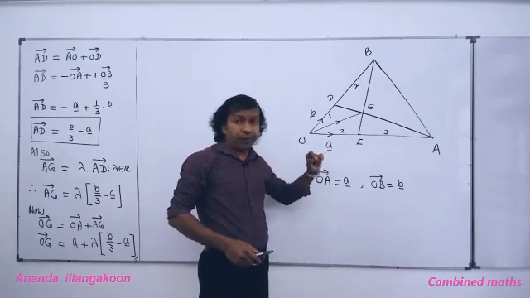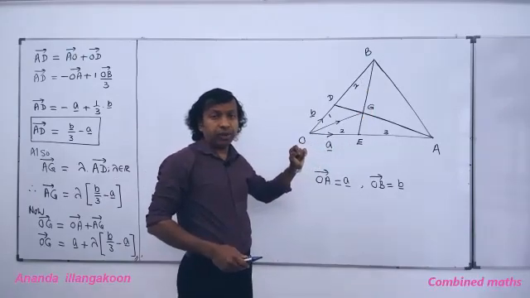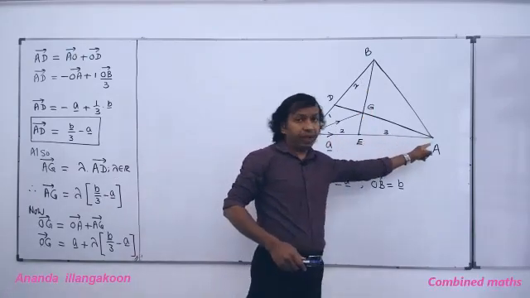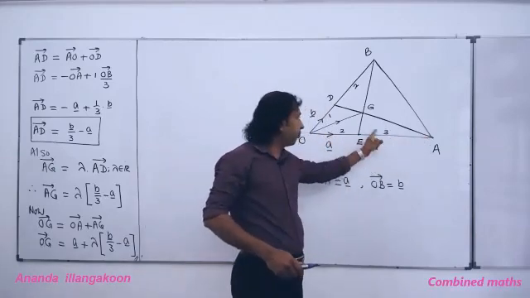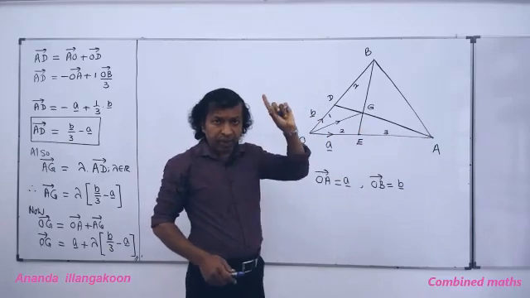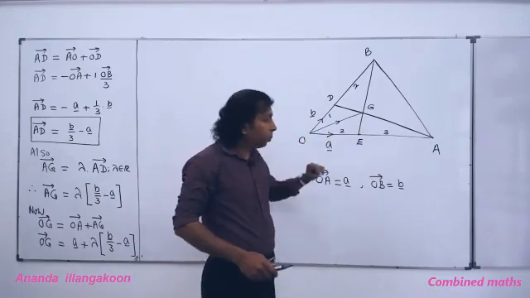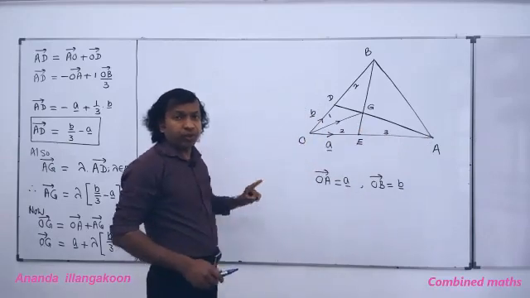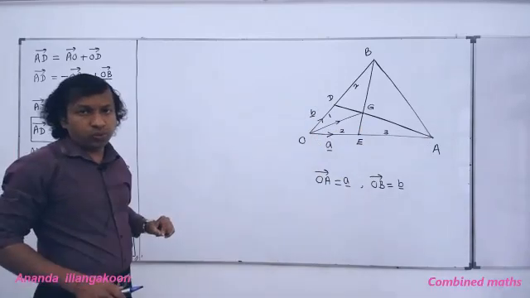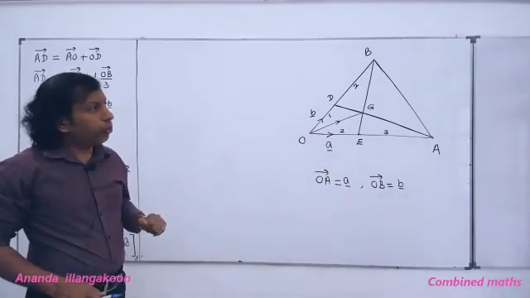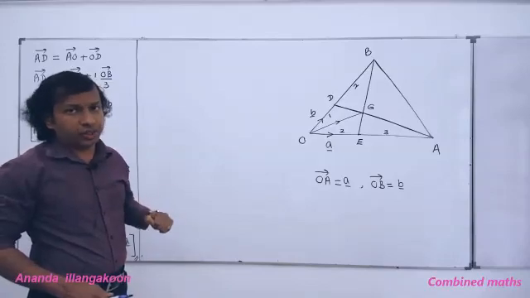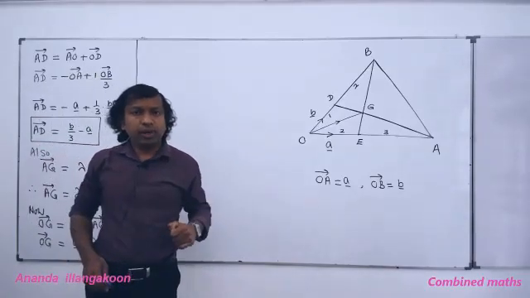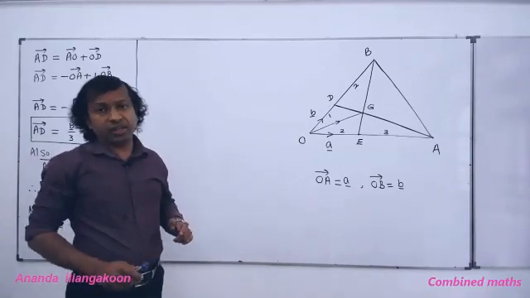OE vector you can write as a part of OA vector. How? Divide this OA vector by the sum of the ratio figures and multiply that by this 2, because the corresponding ratio figure for this OE is 2. Then you know BE vector. Then BG vector you can write as a part of BE vector.